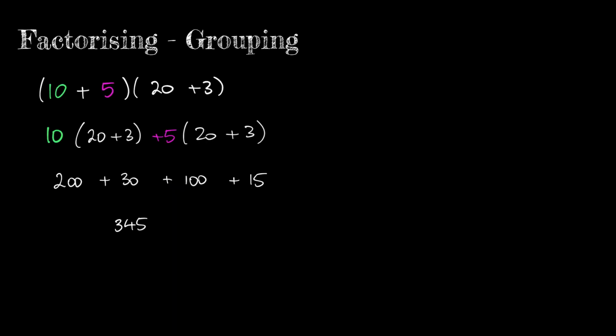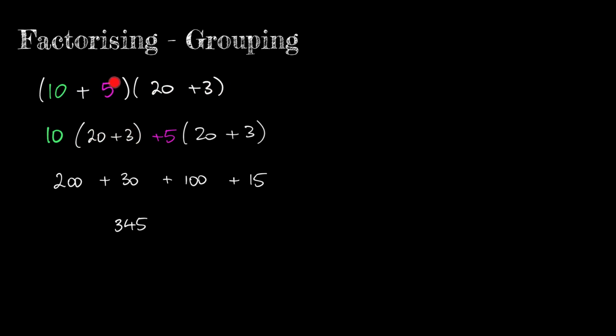So factorizing by grouping, okay? You can see there, this came from the last page, how we multiply that out, and we got 345. That's the exact same as what we did from the last slide, right? So the important thing that we understand now is that this works with algebra. Here you can see I took the first term and I multiplied it by everything in the second.